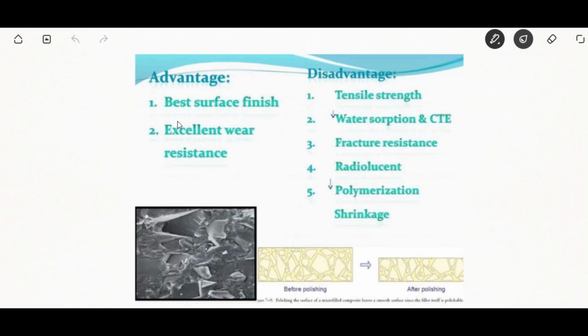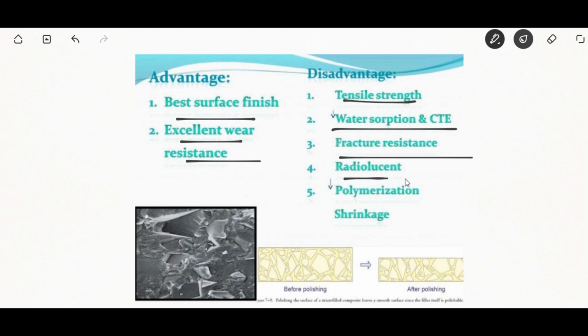Their advantages: they have the best surface finish and excellent wear resistance. The disadvantages are their tensile strength, water absorption and coefficient of thermal expansion are less, fracture resistance is low, they are radiolucent and have decreased polymerization shrinkage.